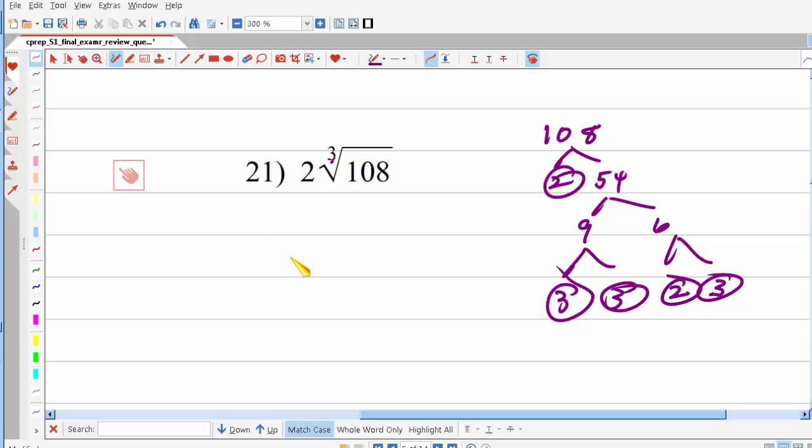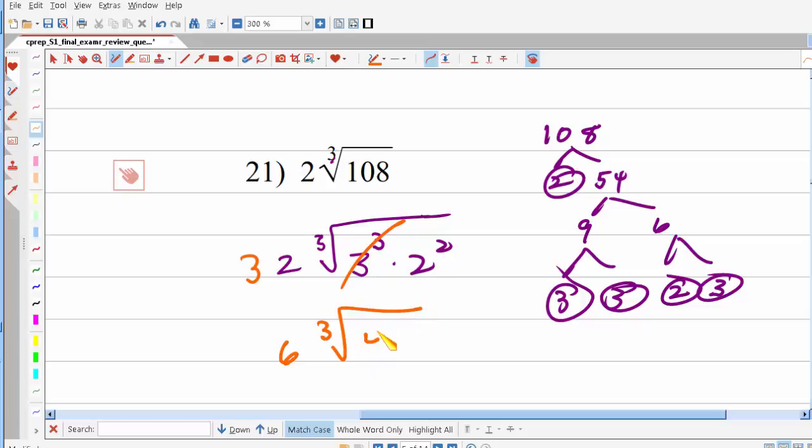I'm looking at the third root, so I'm going to write that 108 as 3 to the third power times 2 squared. Okay, I can cross that out, and I get 6 times the third root of 4.